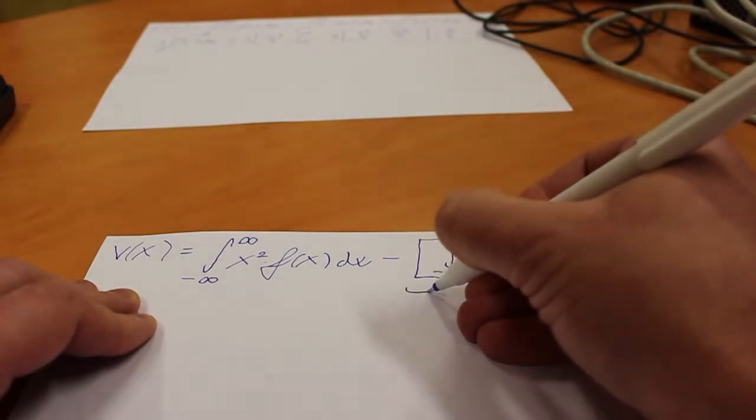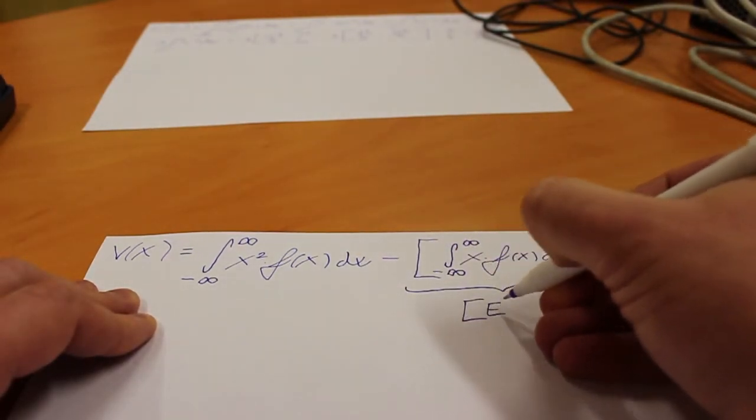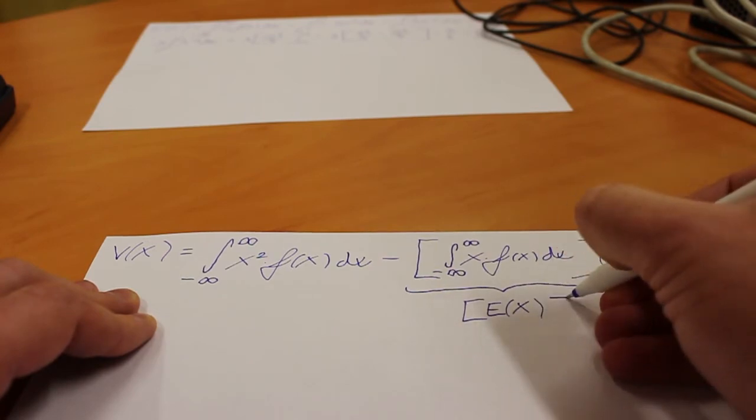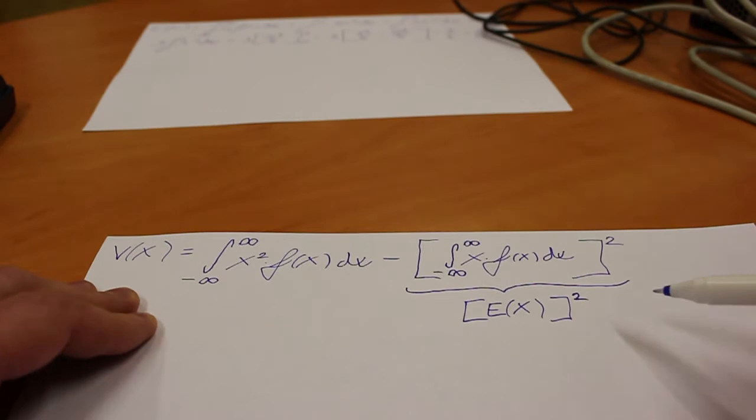Can you see what is here? There we have the expected value to the power of 2, the second power of the expected value.